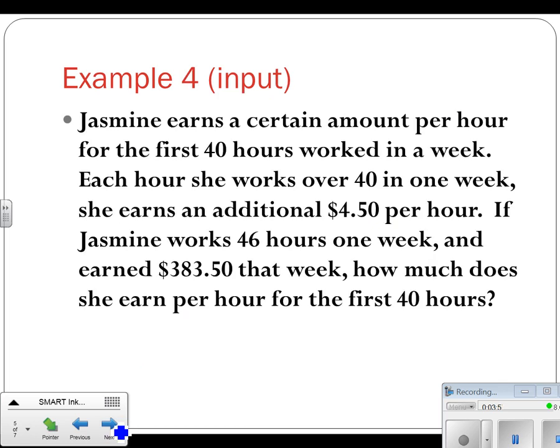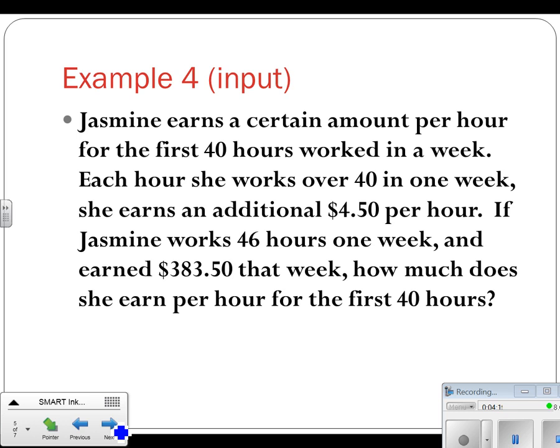And lastly, you need to be able to take words and set up your equation and then solve your equation to find your solution. Jasmine earns a certain amount per hour for the first 40 hours worked in 1 week. Each hour she works over 40 in 1 week, she earns an additional $4.50 per hour.